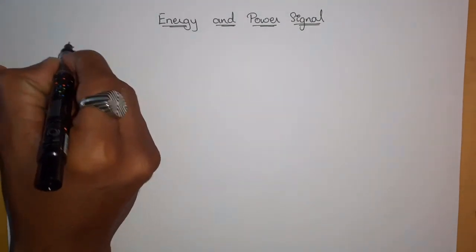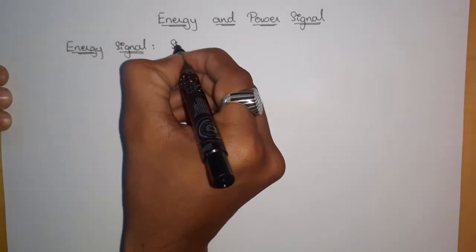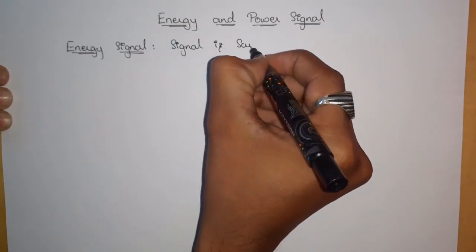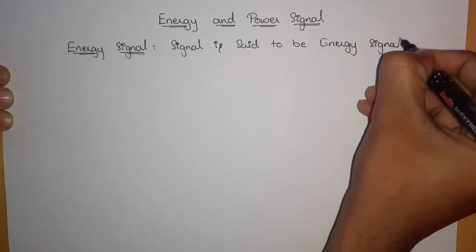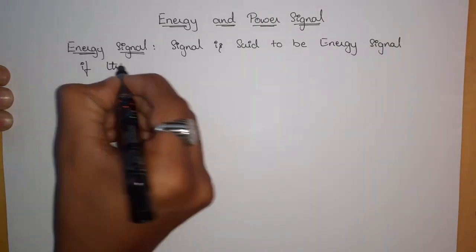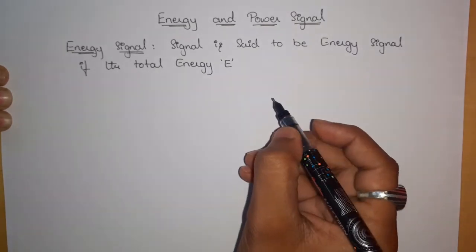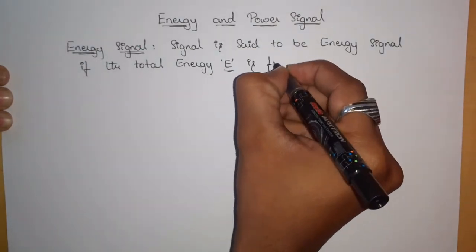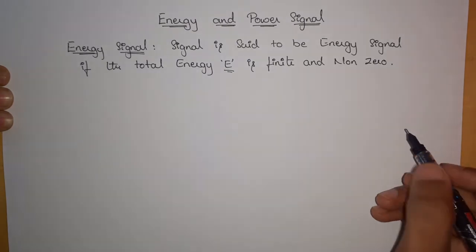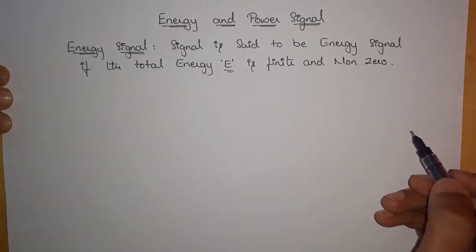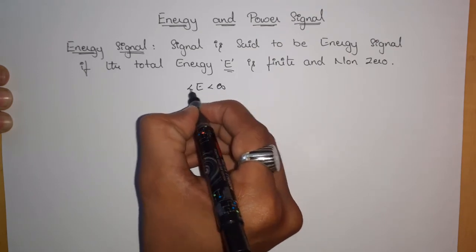First one is energy signal. A signal is said to be an energy signal if the total energy E is finite and non-zero, and it is represented as E less than infinity, which means finite, and greater than 0, which is non-zero.